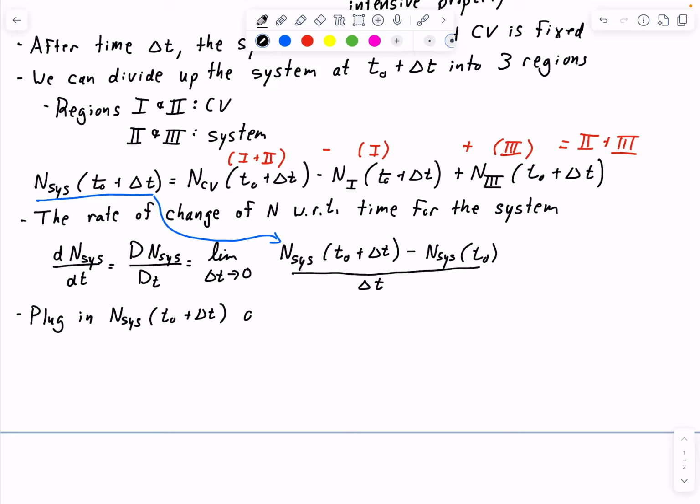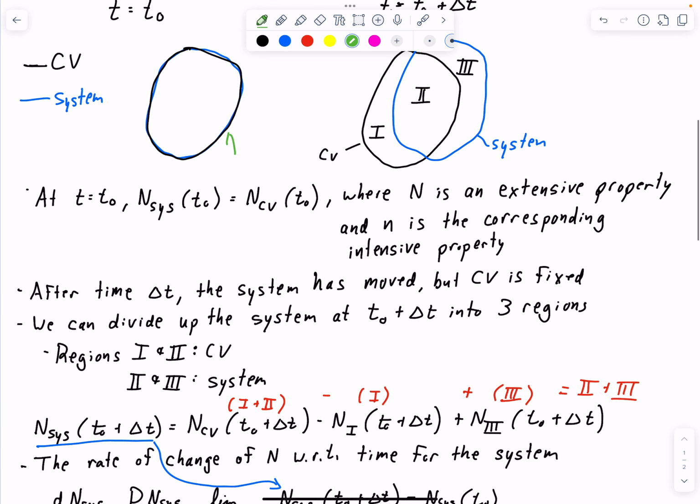And we're also going to use another equivalence here, which is that N of the system at time t naught is equal to N of the control volume at t naught. So here we are taking this term and equating it to N of the control volume at time t naught. This makes sense because at t naught up here, the control volume and the system are identical, and so the extensive property of the control volume and the system are identical as well.